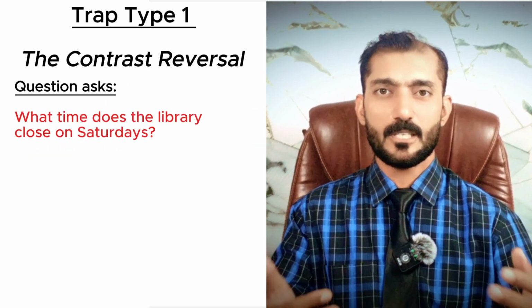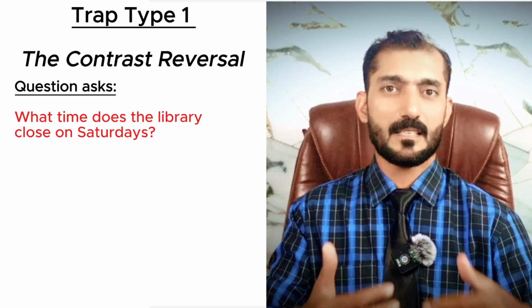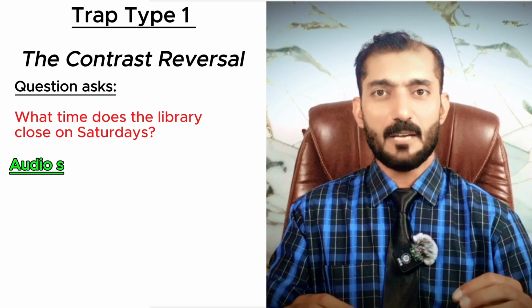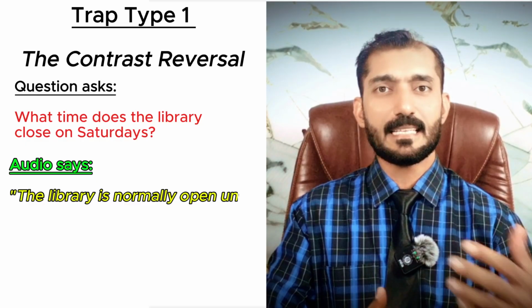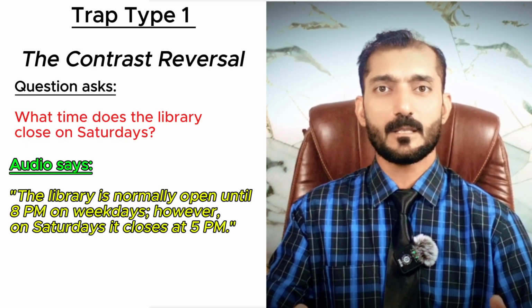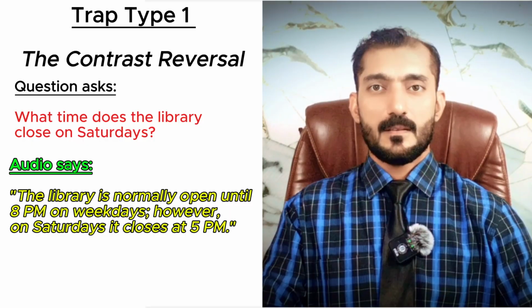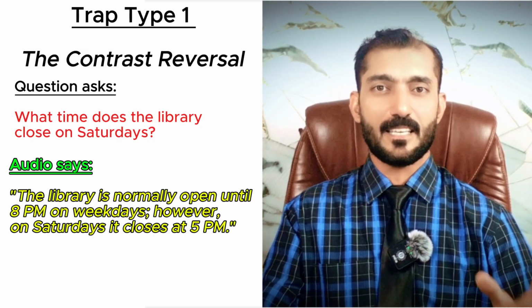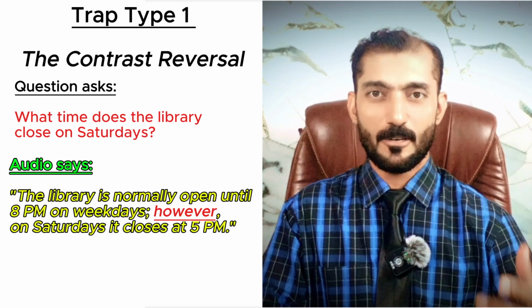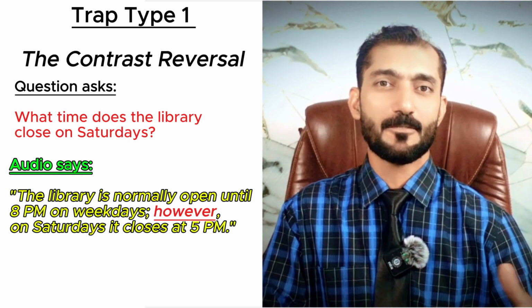For example, the question asks, what time does the library close on Saturdays? And the audio says, the library is normally open until 8 p.m. on weekdays. However, on Saturdays it closes at 5 p.m. Students who are not listening carefully will write 8 p.m. The word however completely reverses the information.